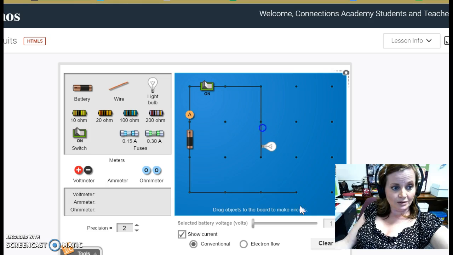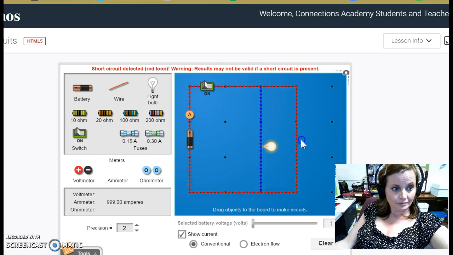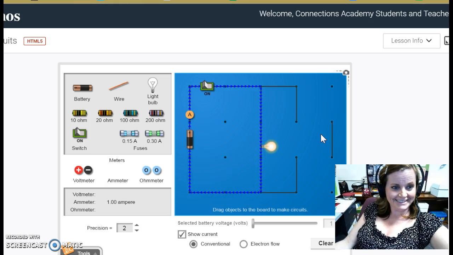Here's my 1 bulb. Yeah, probably don't want to do that.